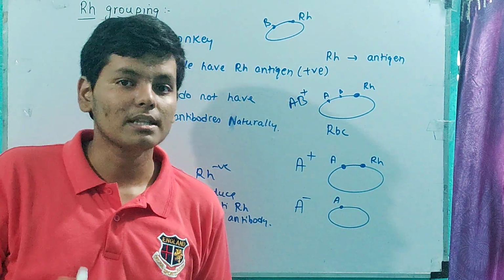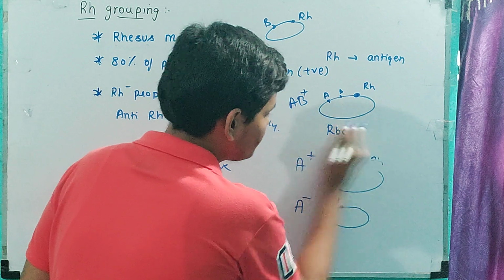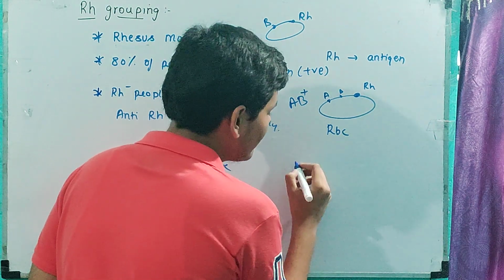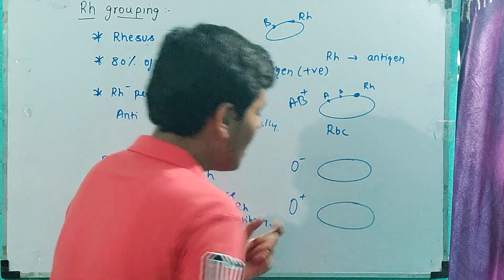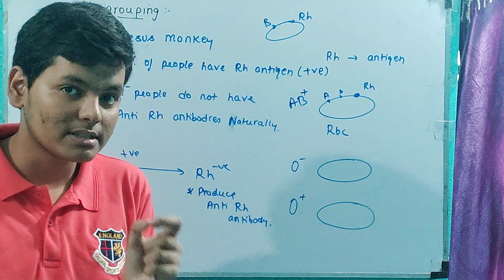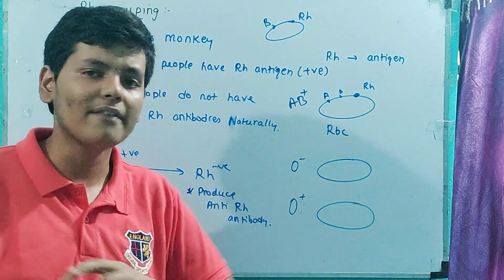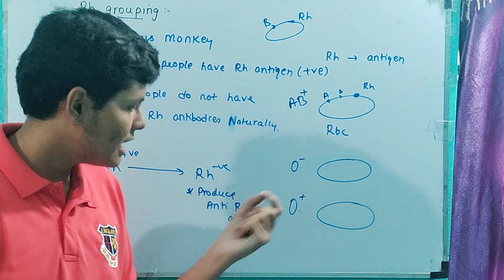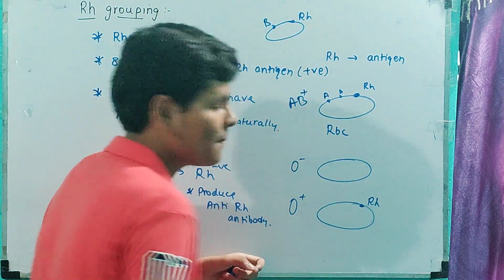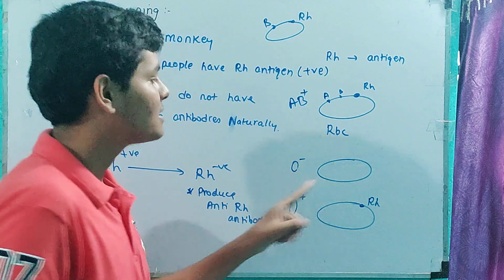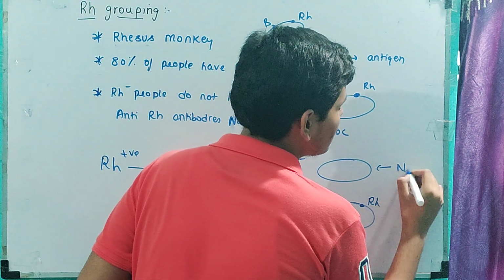Now, if you check the blood group of an O negative individual, and also O positive: a person who is O, we have seen, will not have any A or B antigen. But if a person is O positive, then this person will have the RH antigen. An O negative person does not have any antigen.